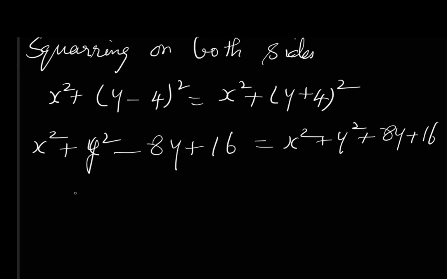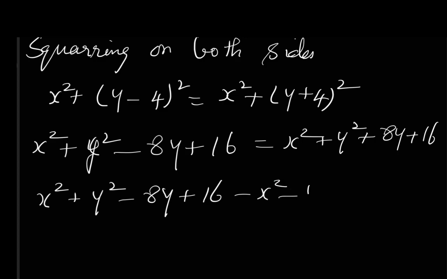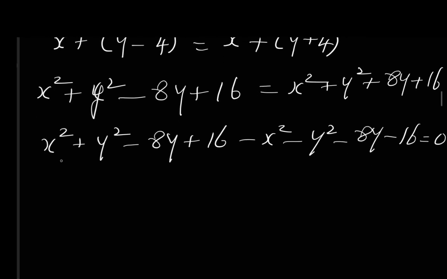Now see here, simplify this, bring all the terms to one side: minus 8y plus 16 minus x squared minus y squared minus 8y minus 16 equal to 0. x squared cancels, y squared cancels, minus 16y is equal to 0.